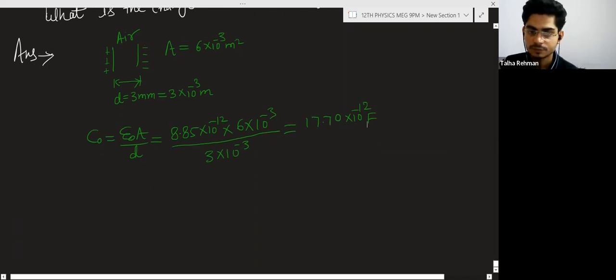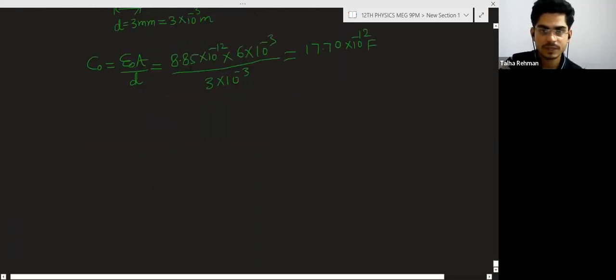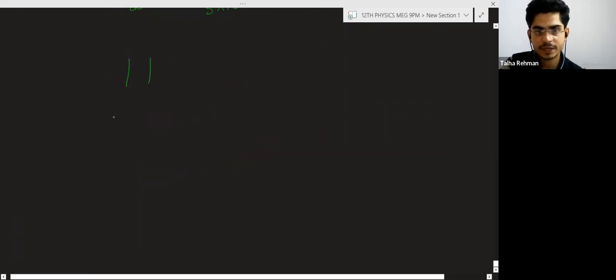Now, this capacitor is connected to a battery of 100 volt, and this is the positive charge plate, this is the negative charge plate.